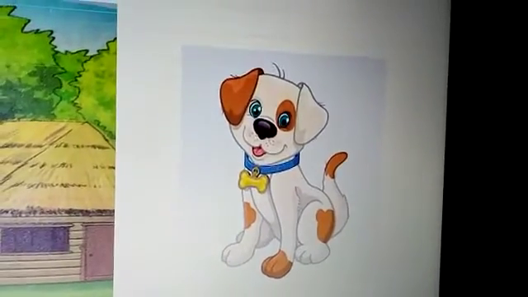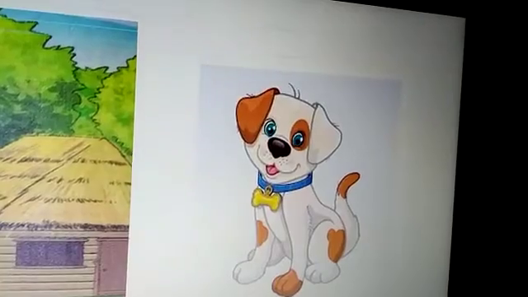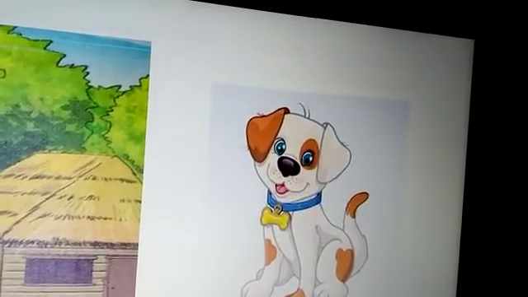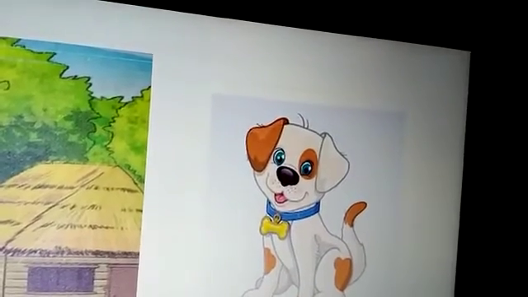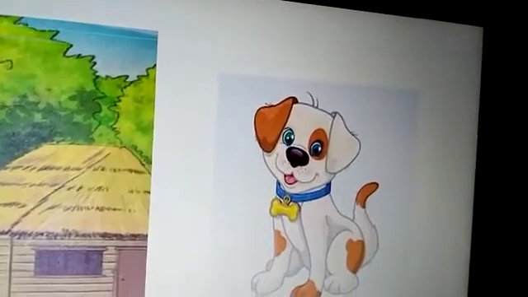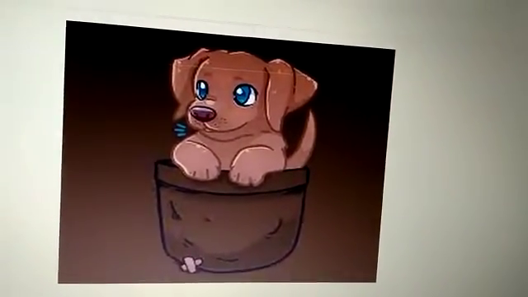Hans played with the little puppy at his grandmother's house, and in the afternoon he said to his granny, "Can I take this puppy home?" His grandmother said, "Yes, but look after it very carefully," and Hans stuffed the puppy into his pocket.